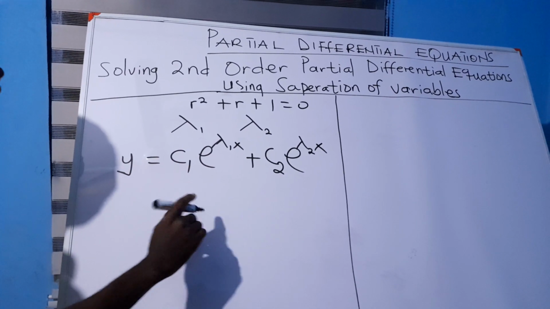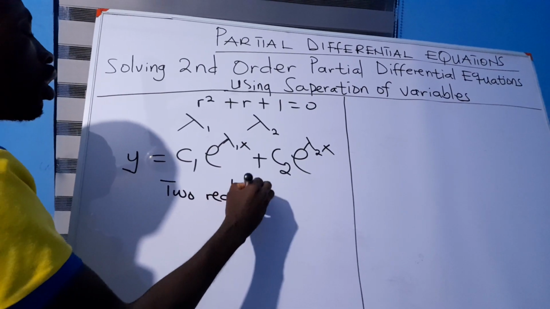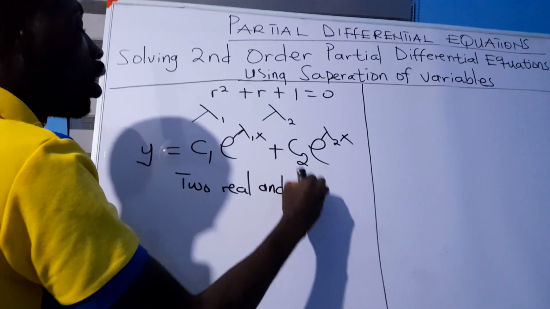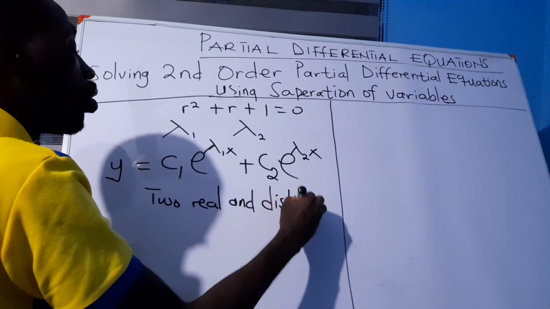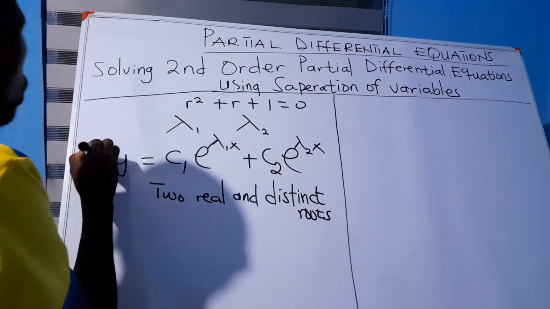That's when we have two real and distinct roots. So that's the first one.